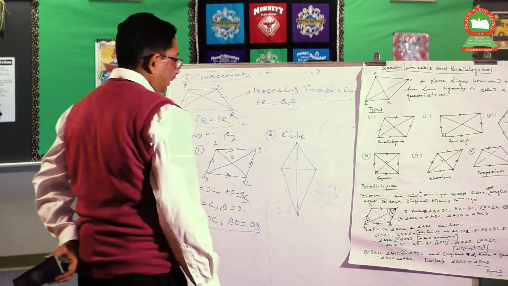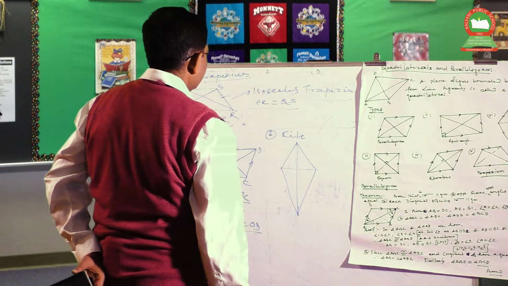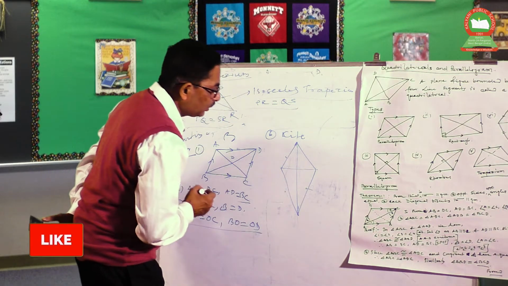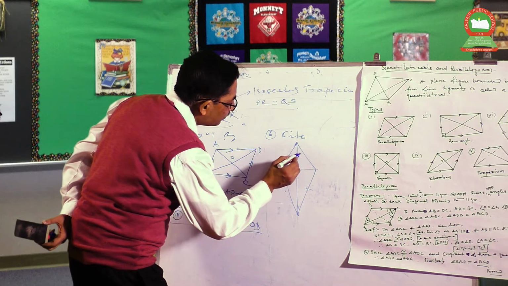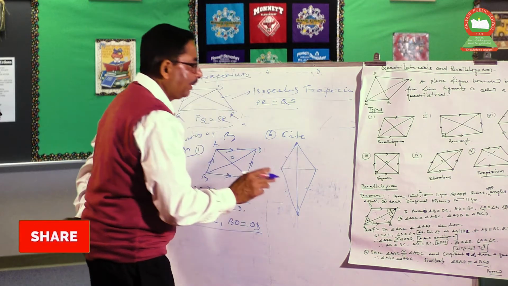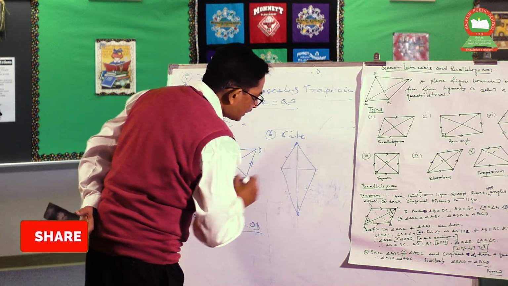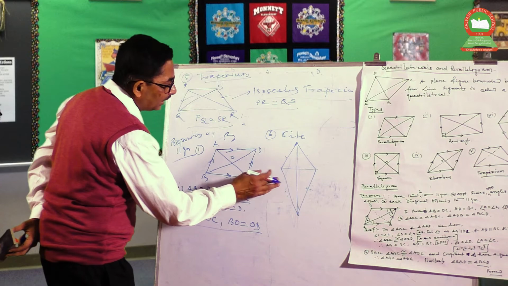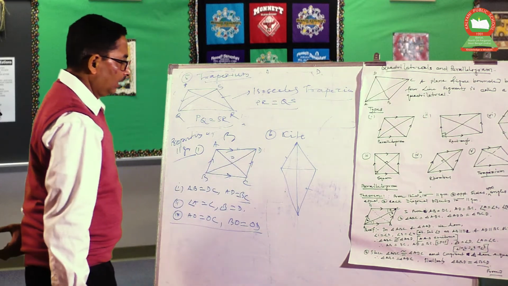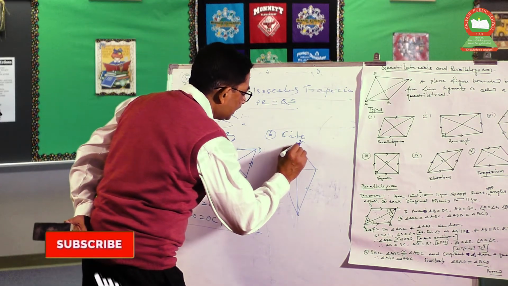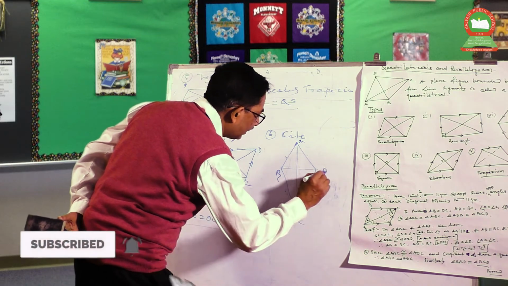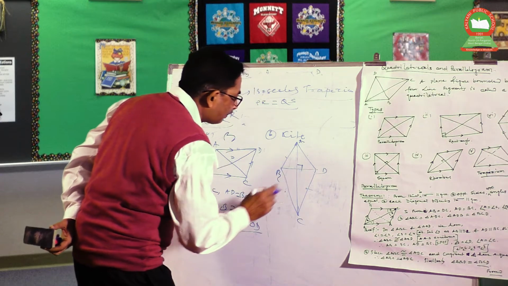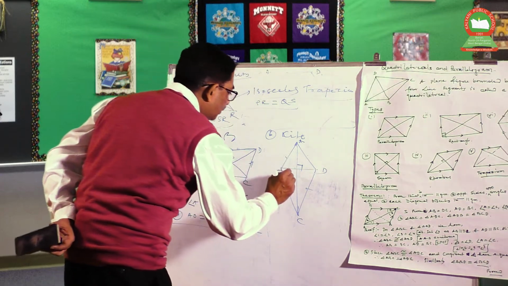This is the kite, and here the opposite sides are not equal, but two adjacent sides are equal. That type of quadrilateral is called the kite. Here A, B, C, D is also one kite. The diagonals are perpendicular to each other, not bisecting.